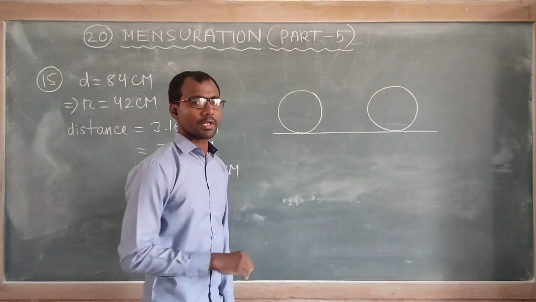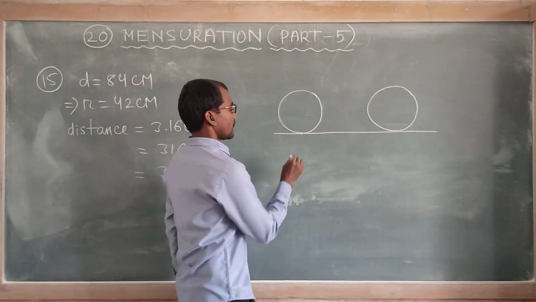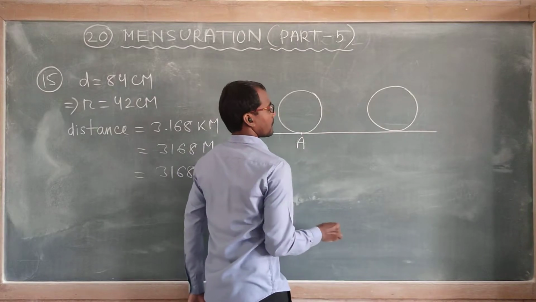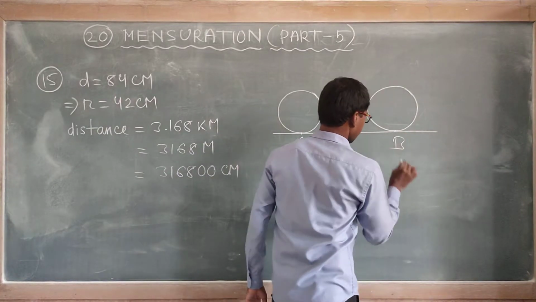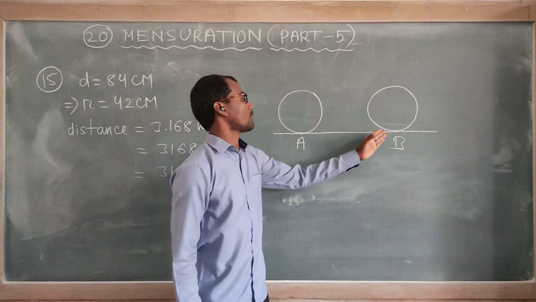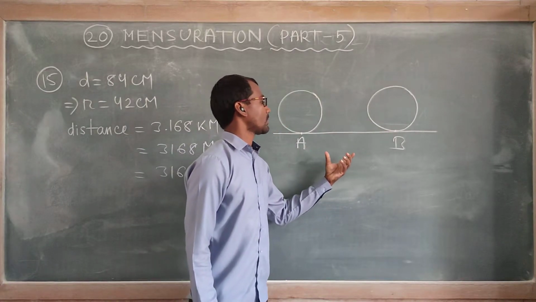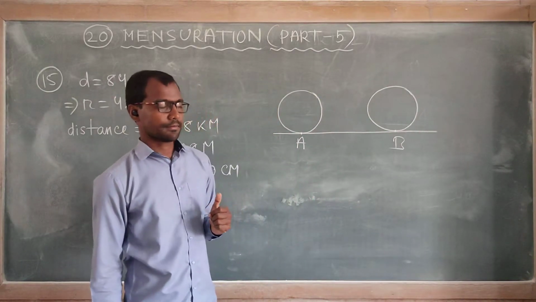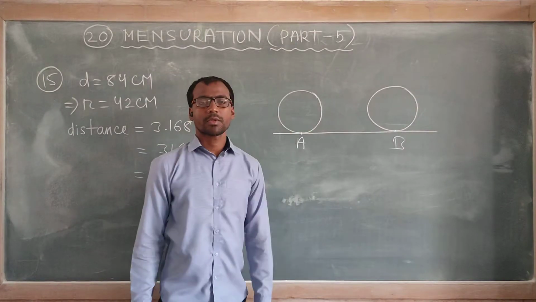Now this is point A and this is point B. Now what is the distance between A and B, in terms of the radius of the circle?